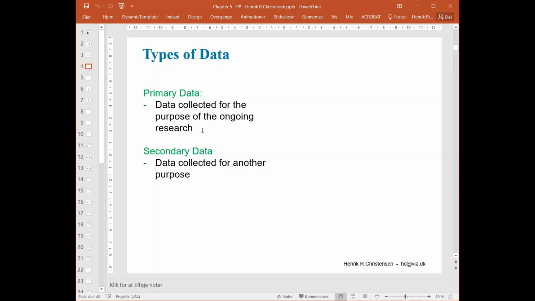So we are collecting data that is having the purpose of supporting our research.